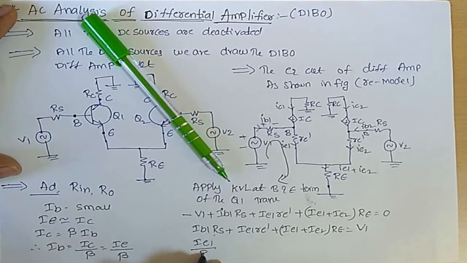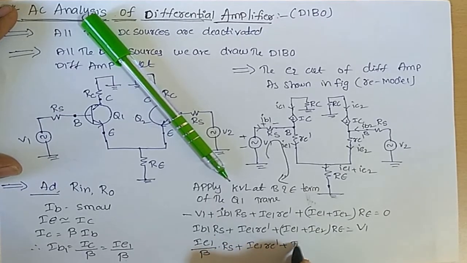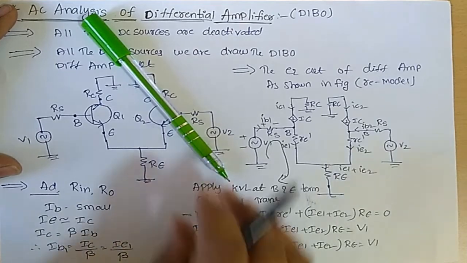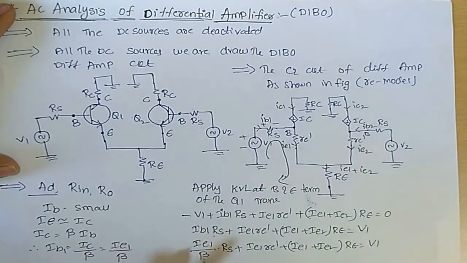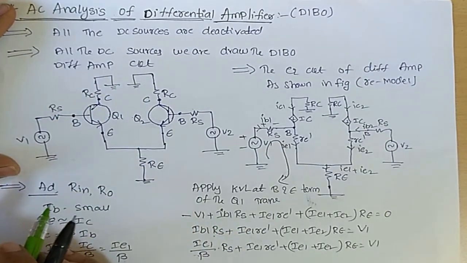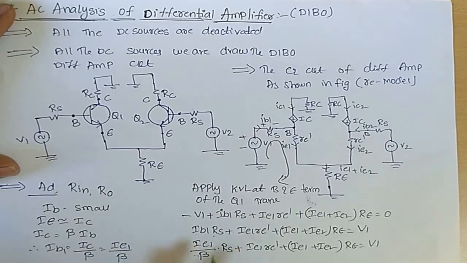That gives IE1 by beta into RS plus IE1 into Re dash plus (IE1 plus IE2) into Re is equal to V1. In this equation the beta value is large, and in this differential amplifier the source resistance is very small. Therefore we neglect this term.